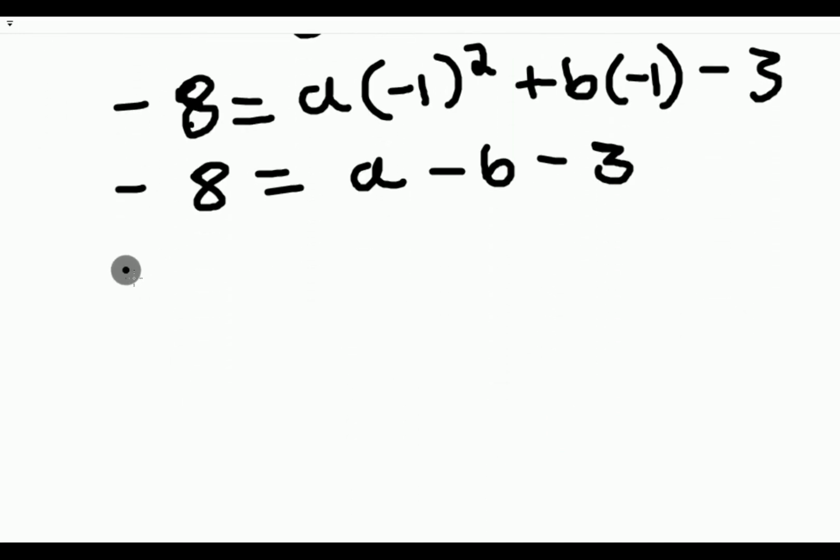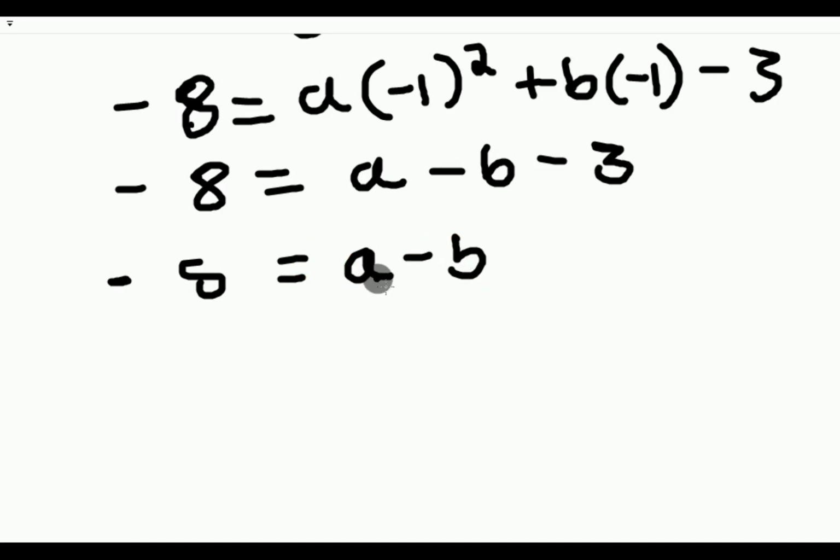So from here we are going to have minus 8, then we move the 3 to the other side, so it's going to be minus 8 plus 3, so it's going to give us minus 5, which is equal to a minus b.